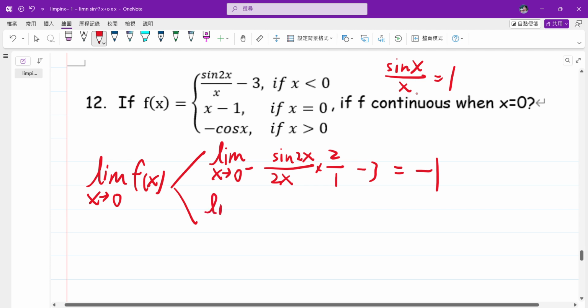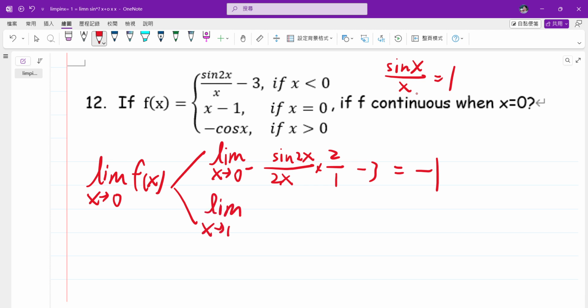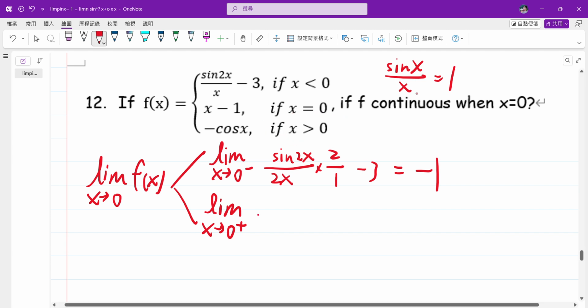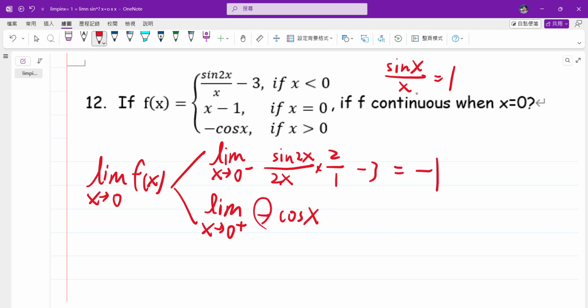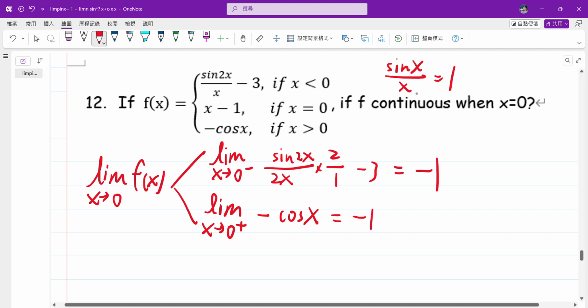Okay? And then if the limit x approaches 0 from the positive side, then we use this. It'll be negative cosine x. Cosine 0 is 1, times negative 1 becomes negative 1. So the left limit equals the right limit, so we can say the limit of this equals negative 1.